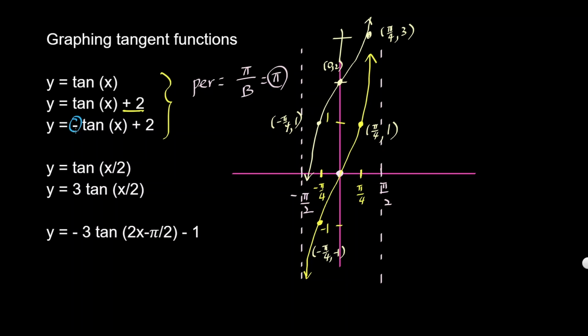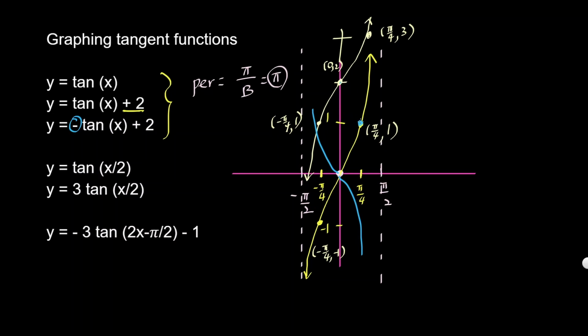All that's different is you have a negative in front. So you're going to keep that. What you want to do is, if you have a negative in front, it's going to reflect over the x-axis and then move it up. So from here, you want to flip that, and then it's going to be like that. And then that moves up 2 points.